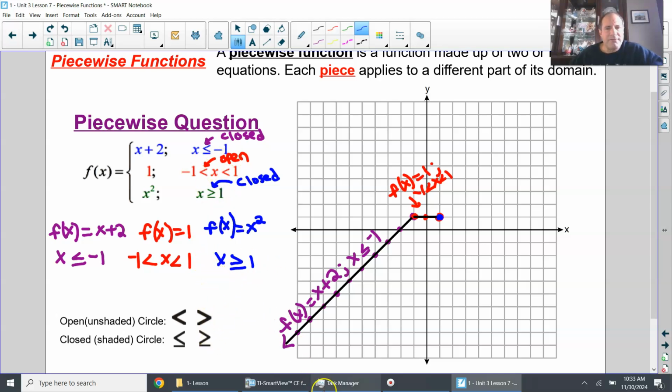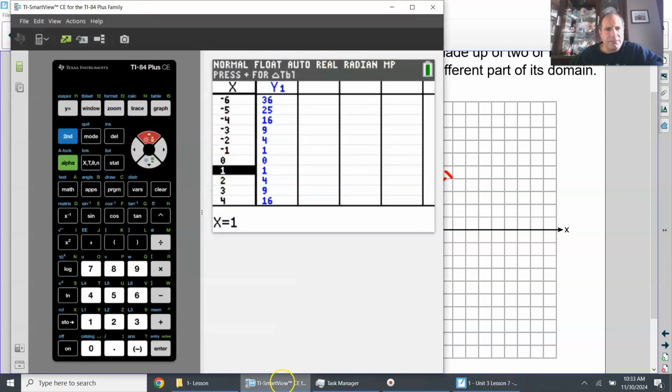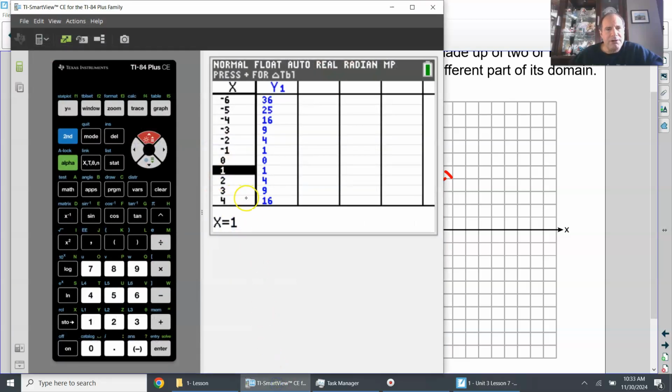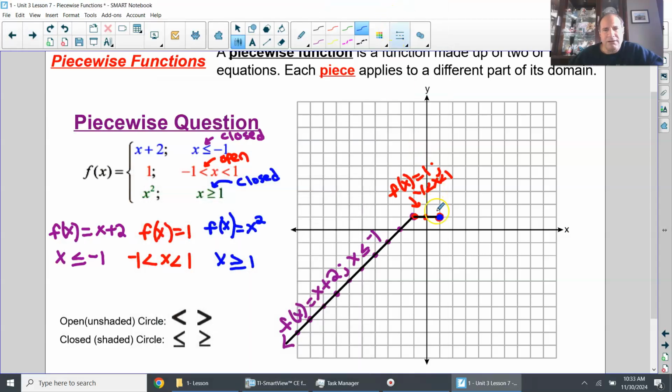So we have 1, 1, and we have to graph everything that is greater than or equal to 1. So 2, 4, and then 3, 9. So 1, 1, 2, 4, which is here. And then 3, 9 up here.